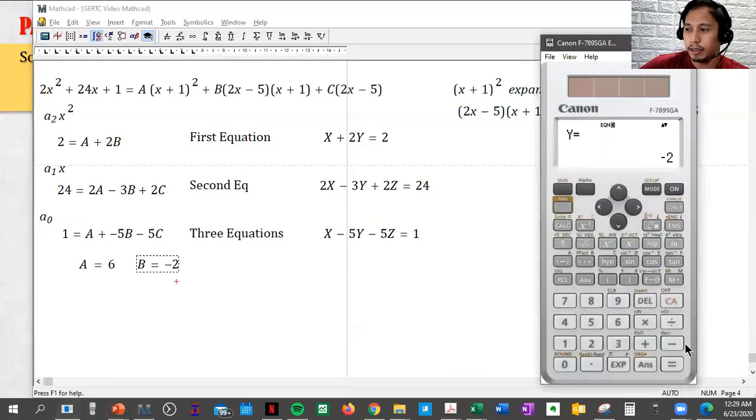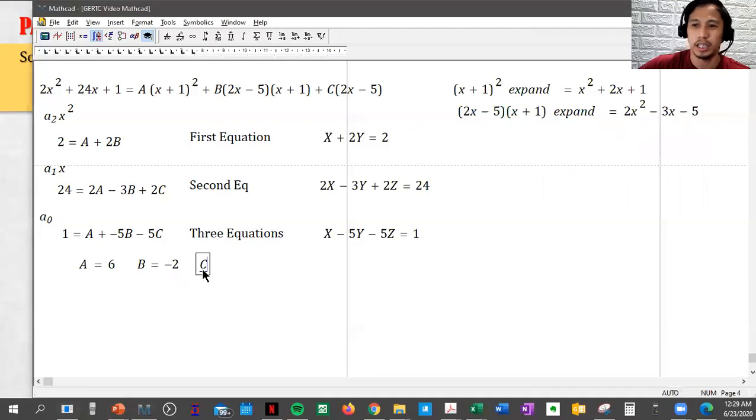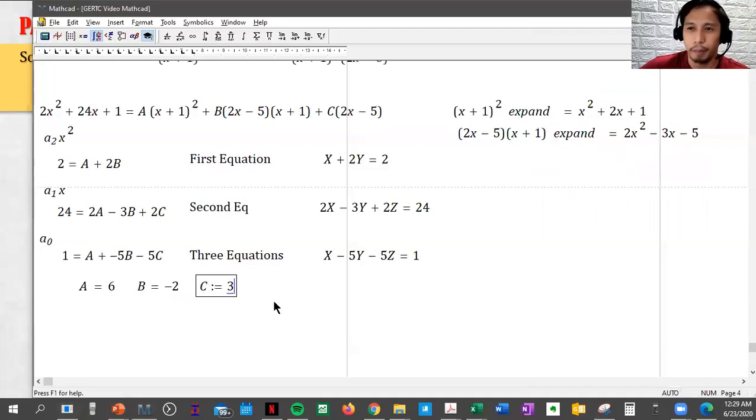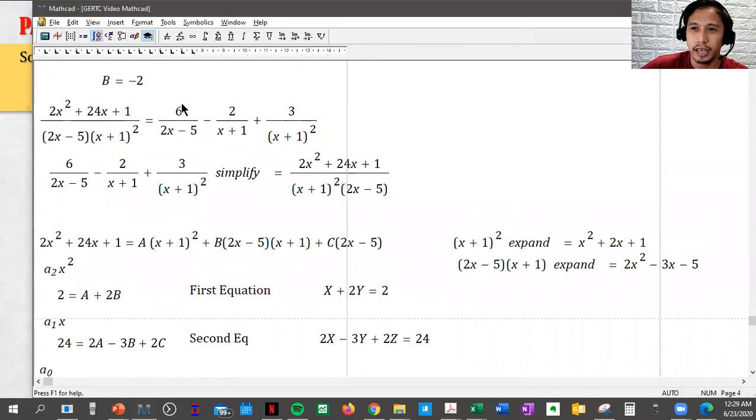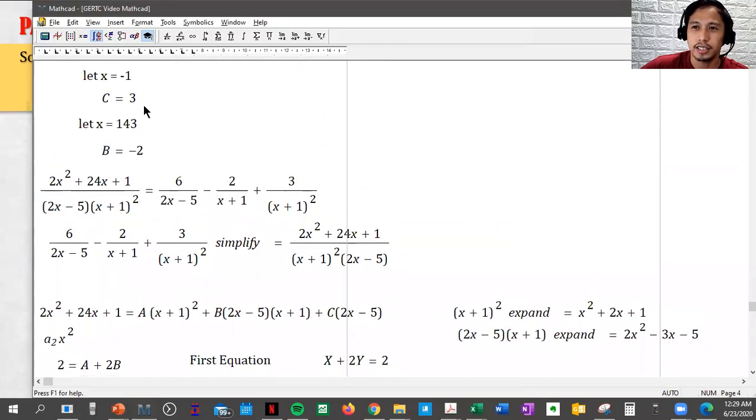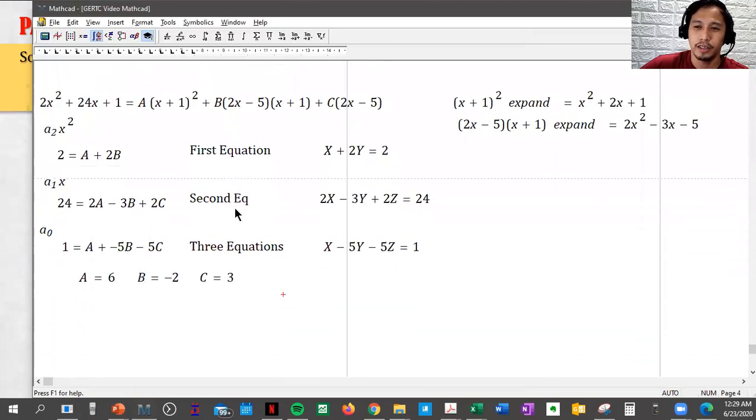And z is 3. And originally, z is c. Here, c is 3. Now, let's compare. Ito ba yung mga nakuha natin kanina? Yes. Okay? 6, 3, and negative 2. So this is an alternative solution, no? Using simultaneous equations. So ganun yan.